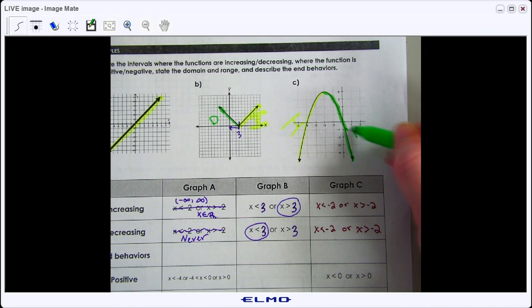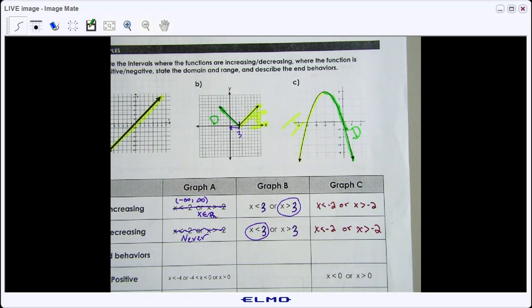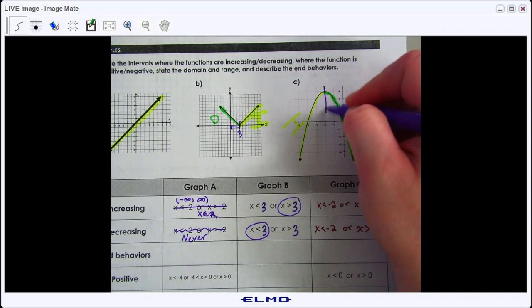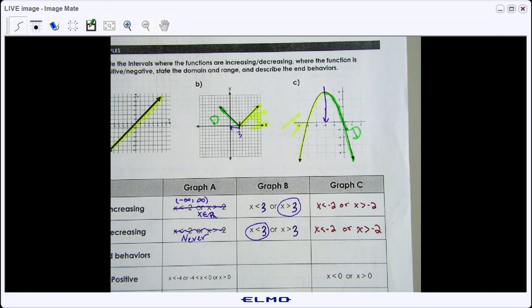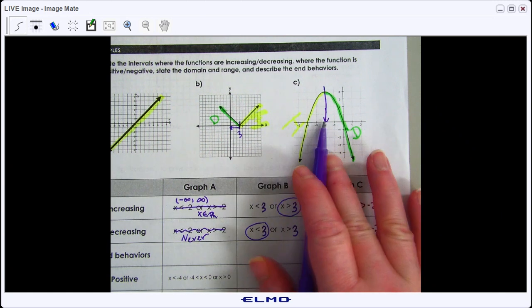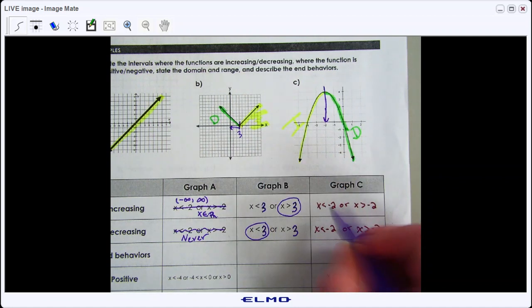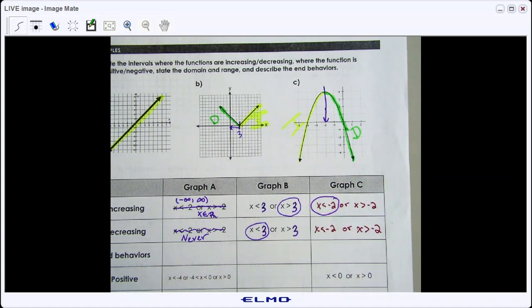Now my values are going down. Again, this change happened when x is -2. So the values to the left of -2 are increasing. When x is less than -2, it's increasing. To the right of -2, those values that are greater, it's decreasing.